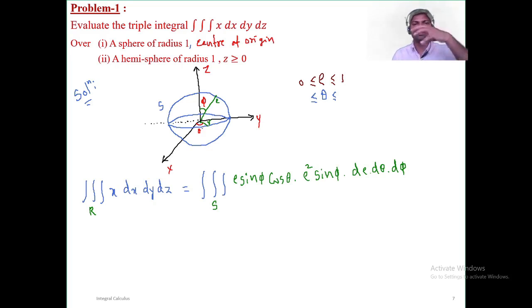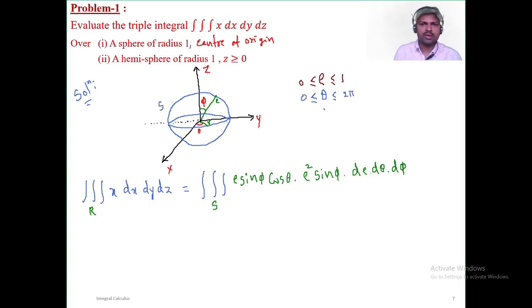For example, this is a hemisphere, and this bottom portion I want. This is a circle in 2D in the xy plane. To generate this entire disk in the xy plane, theta should vary from 0 to 360 degrees. Therefore theta varies from 0 to 2 pi.